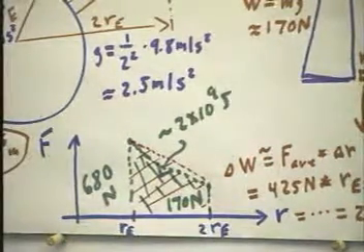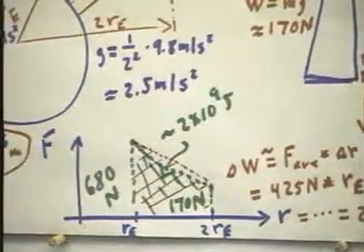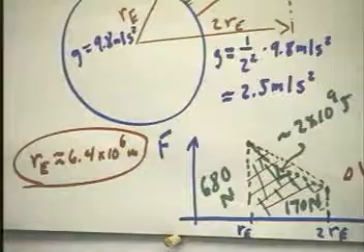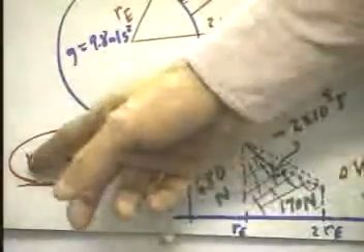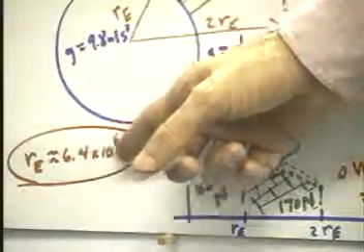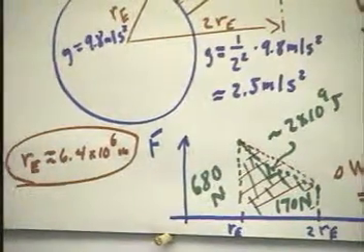Now we have to know the values of RE and 2RE. RE, the radius of the Earth, is about 6.4 times 10 to the 6th meters. That's inside the front cover of your textbook.